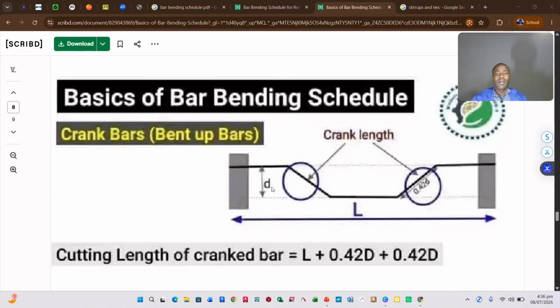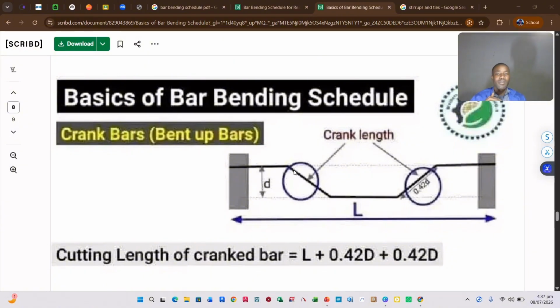Now, crank bars. Let's talk about crank length. For example, in a situation where you're connecting a beam to column, your beam is susceptible to torsion effect and high shear forces. Therefore, you're going to introduce what are known as crank bars.